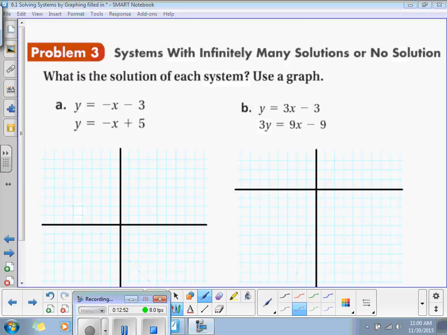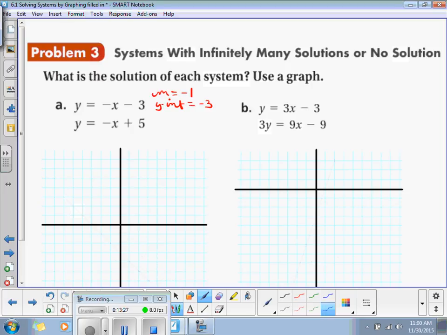All right, problem 3 is systems with infinitely many solutions or no solution. What is the solution of each system? And we want to use graphing to figure it out. So, again, for letter A, we have the slope and the y-intercept, and we can just graph that. The slope for the first one is -1, and the y-intercept is -3.